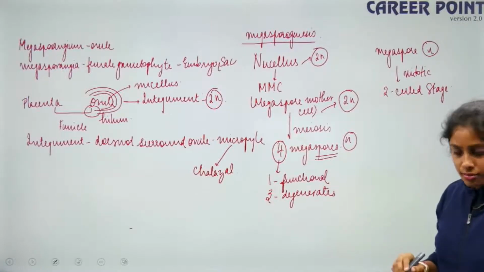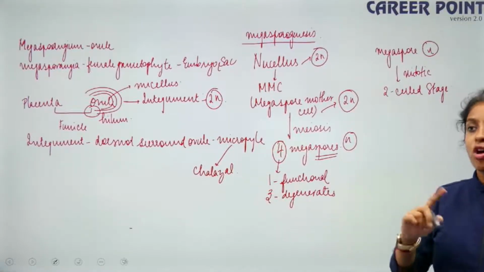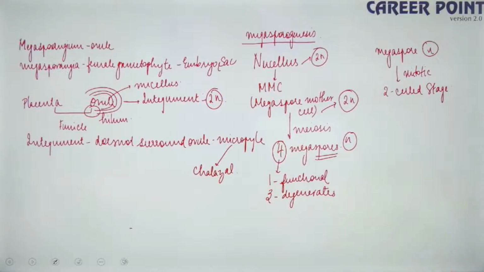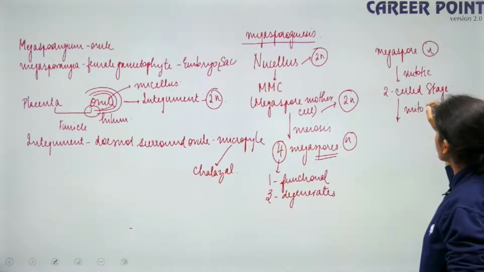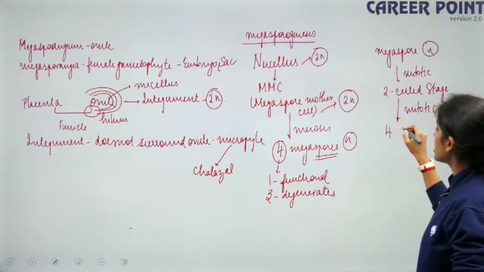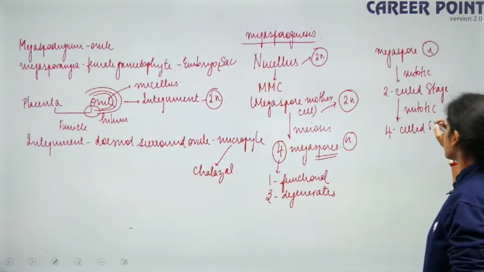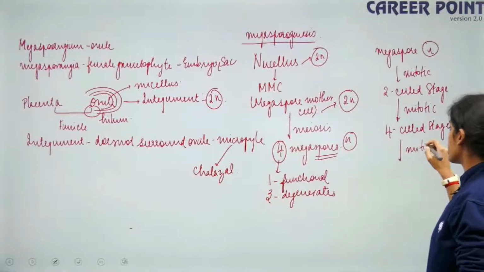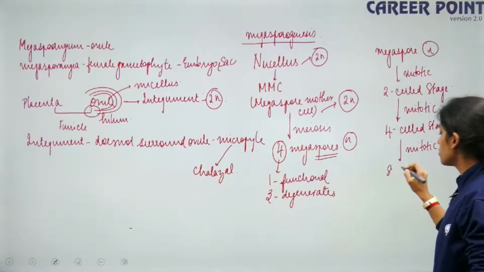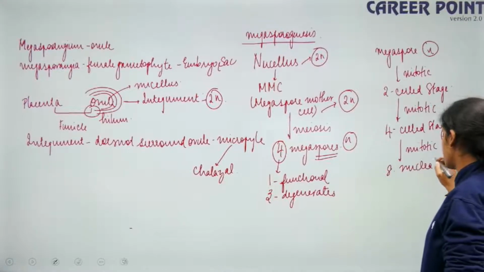Right? Now further, it forms the 2 nucleate stage. So now it has 2 nuclei. Further it undergoes the second mitotic division. That is the 4-celled stage. Further it undergoes the third mitotic division. So it forms the 8 nucleate stage.